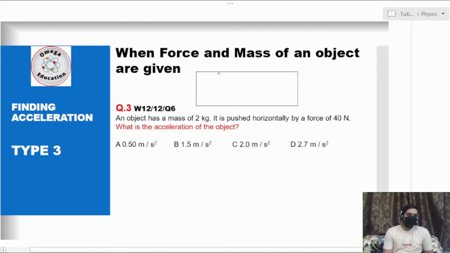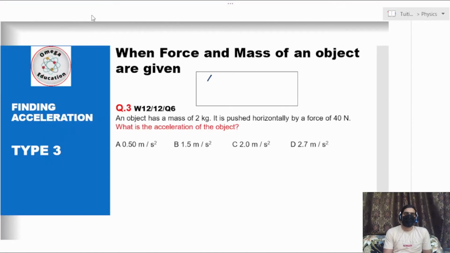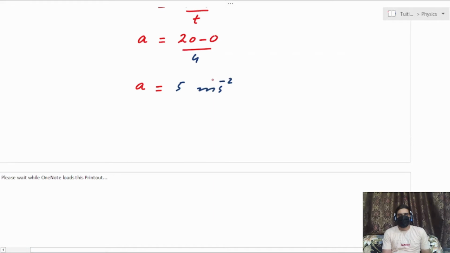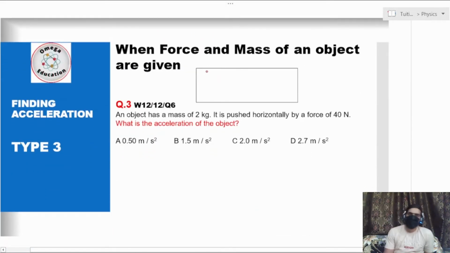And the formula that we use in that case is derived obviously from Newton's second law of motion, that says force equals mass times acceleration. So F equals ma. That is the formula that we use in this case, and then you can rearrange it to find acceleration, which equals F over m.